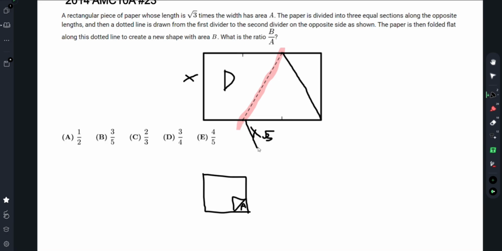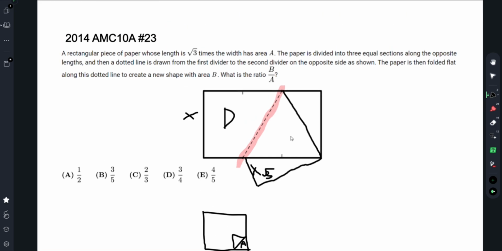Sorry for the curve line. Like that, where this is D, and you can tilt your head and see it.